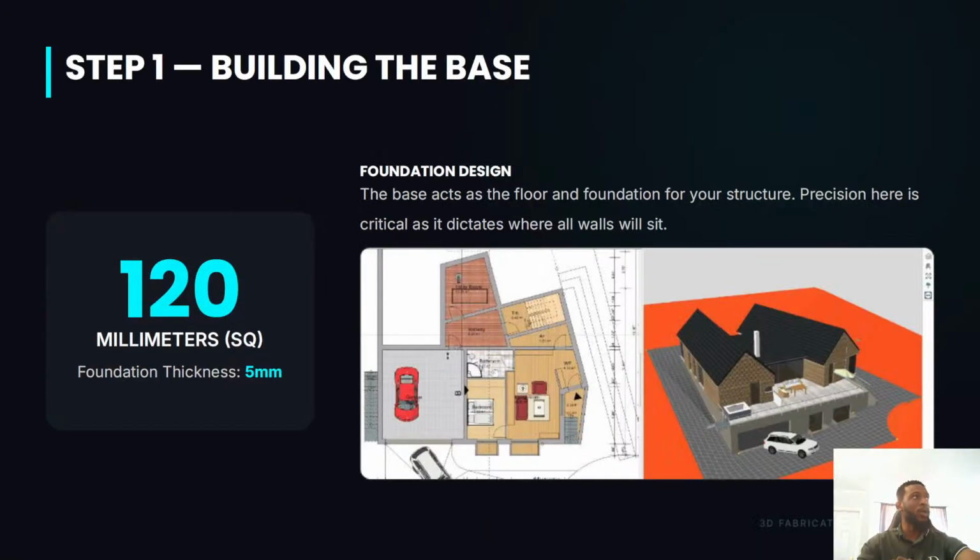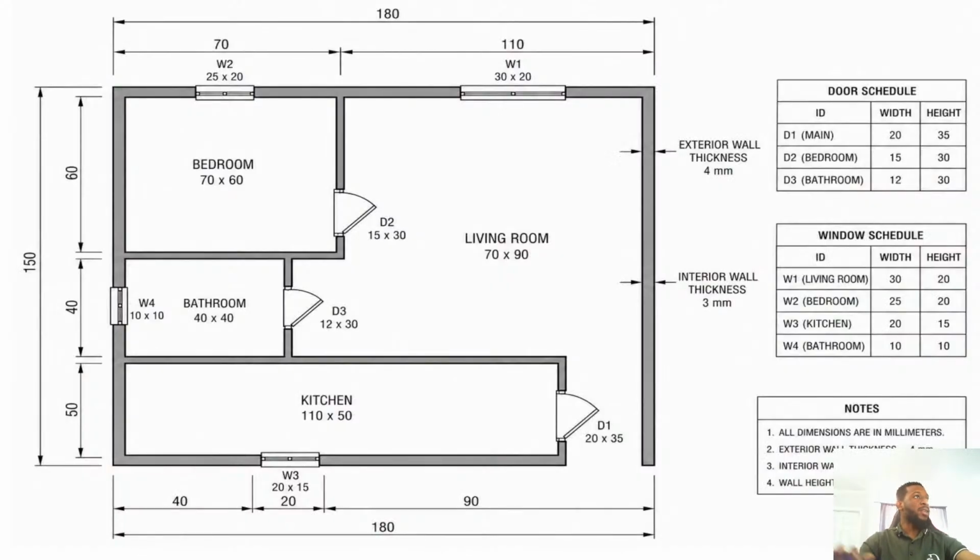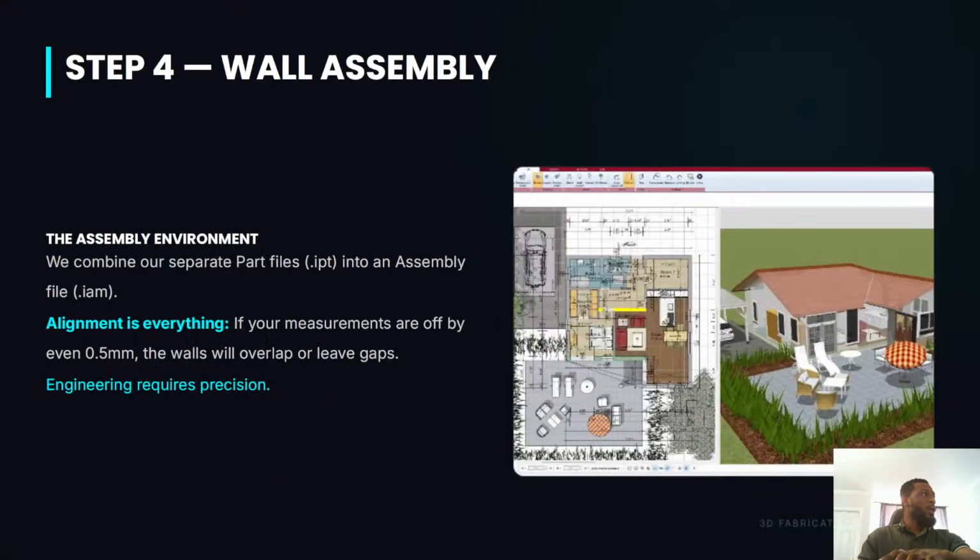First, we're going to make the base of the house, then we're going to make the walls as well. Those are going to be separate parts. This is the plan, something basic. At the end, I'm going to convert this into a 3D version. It might look a bit confusing or scary, but it's really not. It's really basic, honestly, and I'll show you how easy it is.